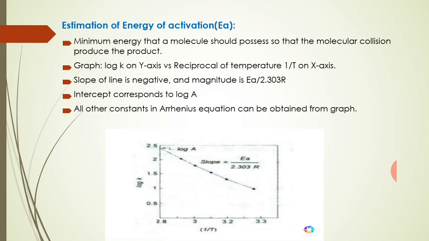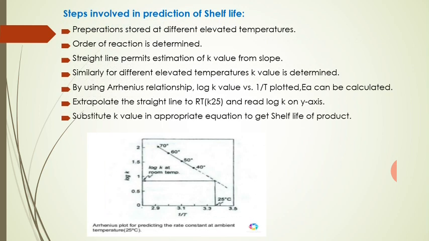So up till now we have determined the rate constant at different temperatures as well as the activation energy. Next are the general steps involved in the prediction of shelf life. Just revise these steps for estimating the values of K and Ea. First we prepare a product sample and store it at different elevated temperatures to accelerate the degradation.